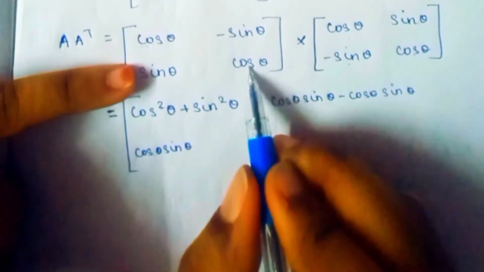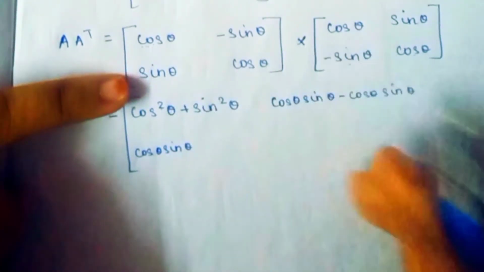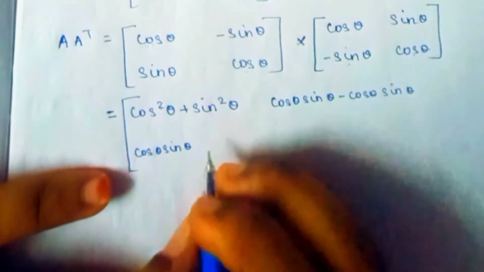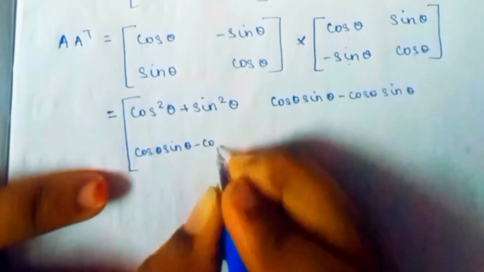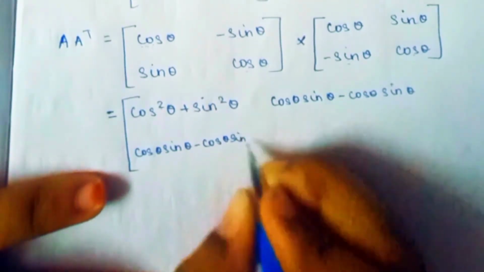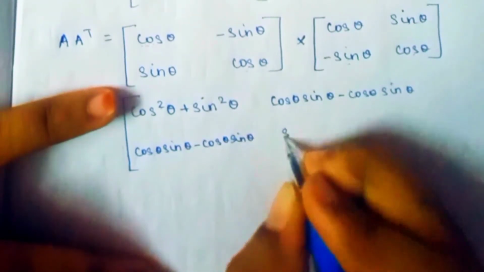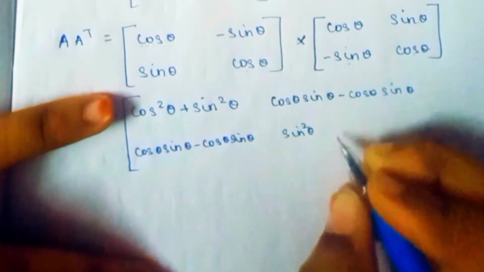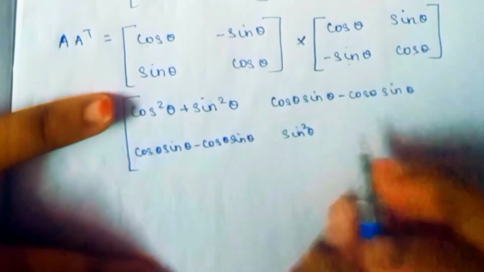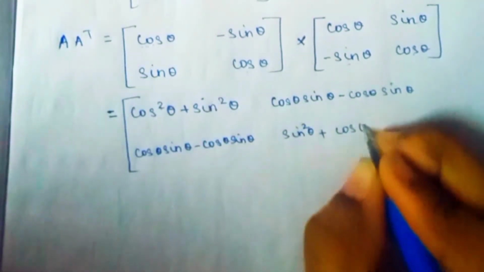Again here, cos theta times minus sin theta is equal to minus cos theta sin theta. Then here sin square theta and cos square theta.